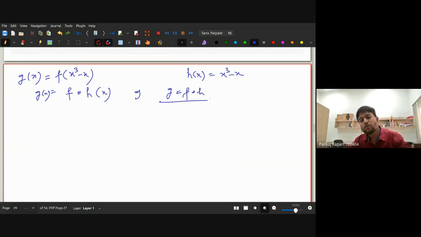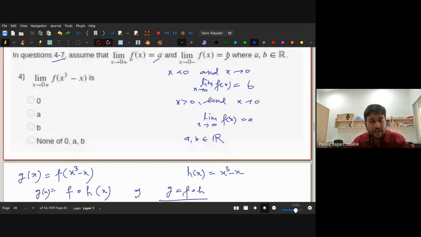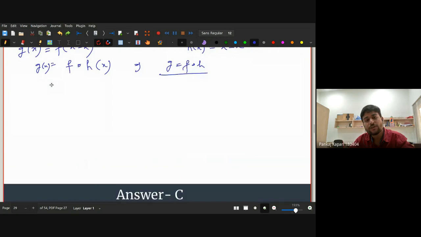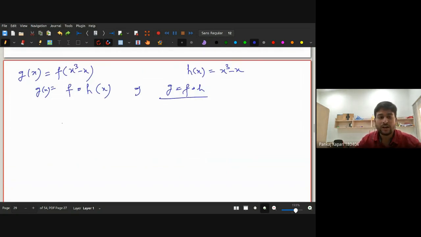Now if you want to find the limit of this function when x approaches 0, you can see that it's approaching from the right hand side, that is, x is positive. So what we'll do is a change of variable. Let's assume that x cube minus x is t. This is our new variable, x was our old variable.